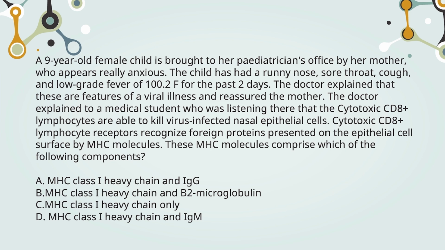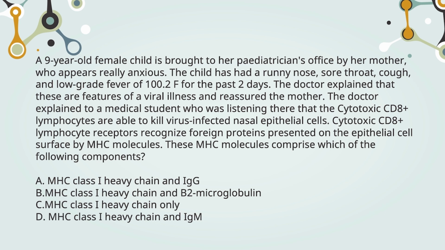Now, this sounds like a tricky question, but it's pretty easy. If you remember my mnemonic, MHC class 2 interacts with CD4, right? 4 times 2 is 8. Here in our question, the CD8 plus T cell is interacting with the MHC molecule. Now, 8 times 1 is 8.